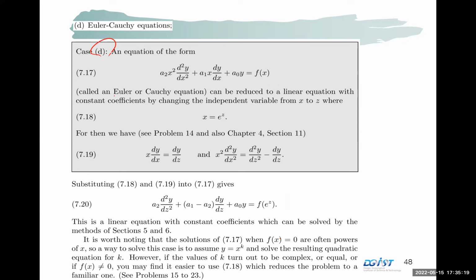This is called the Euler or Cauchy equation. We can change this to a linear equation by introducing a new variable g, which satisfies this relation. Once we know this, you can do it by yourself very easily.